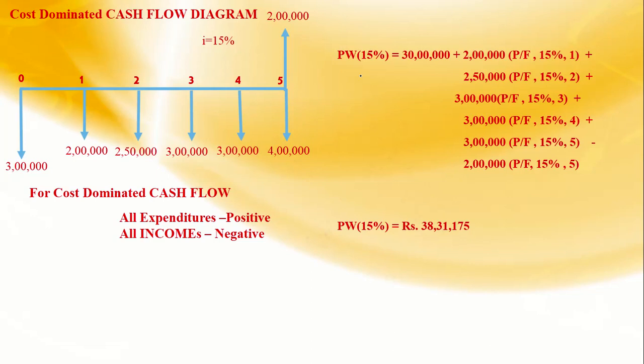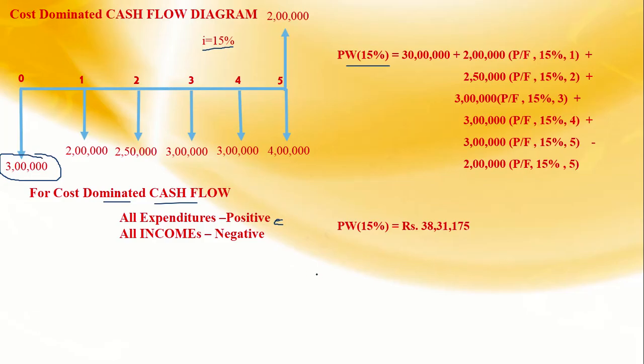They gave an interest rate of 15%. So PW of 15% is equal to 30 lakh. I told you already, for cost dominated flow, all expenditures are positive. First, the principal investment is an expenditure to the company. So 30 lakh is positive.